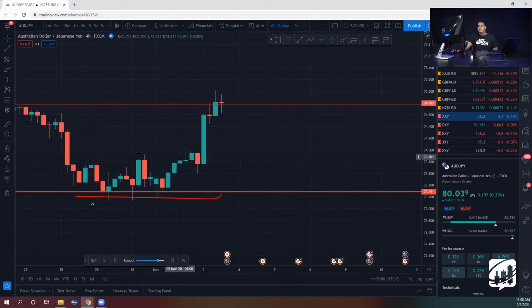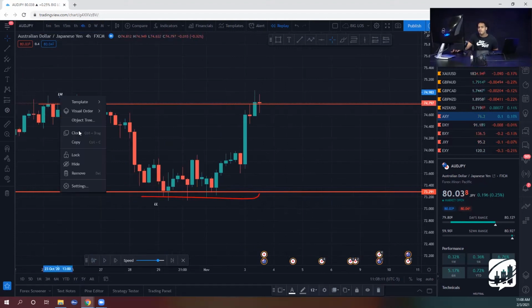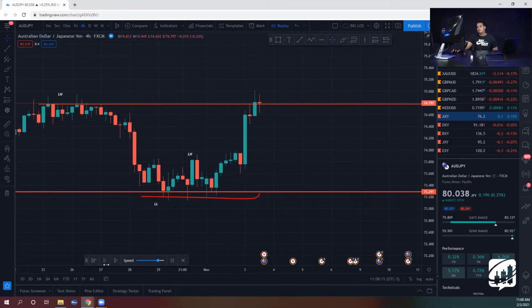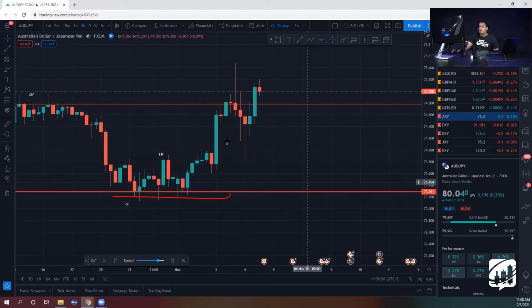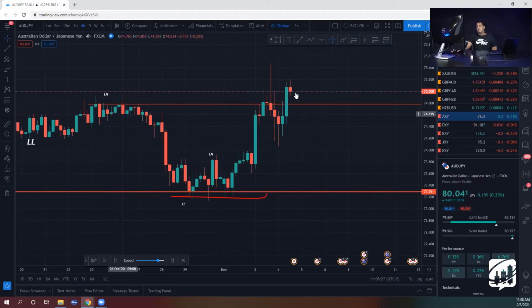So first the trade is going to come back to retest the lower high right here. So it's going to come back to retest the lower high down here. Down here is an aggressive entry because it's still not an uptrend yet, because the lower high was not broken until now.